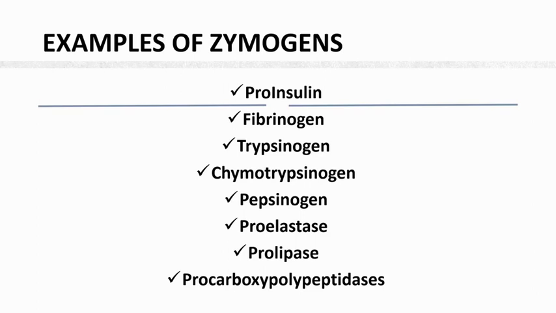Chymotrypsinogen is the inactive form of chymotrypsin. Pepsinogen is the inactive form of pepsin. Proelastase is the inactive form of elastase. Prolipases are the inactive forms of lipase, and procarboxypeptidases are the inactive forms of carboxypeptidases.